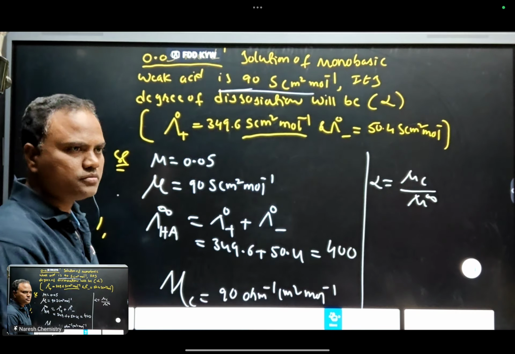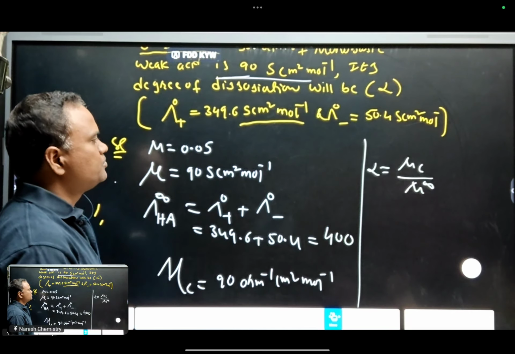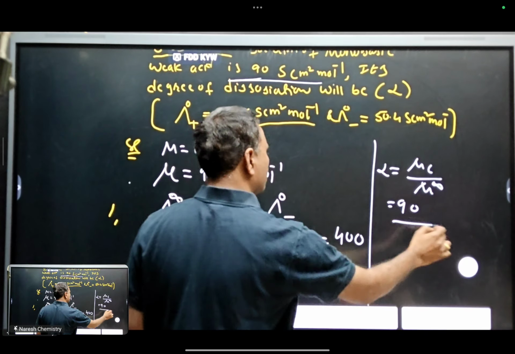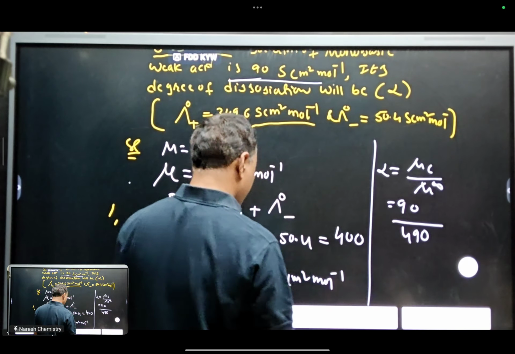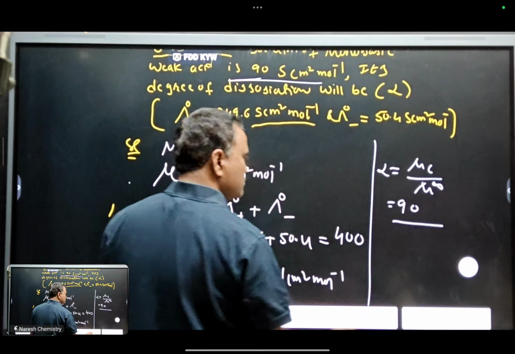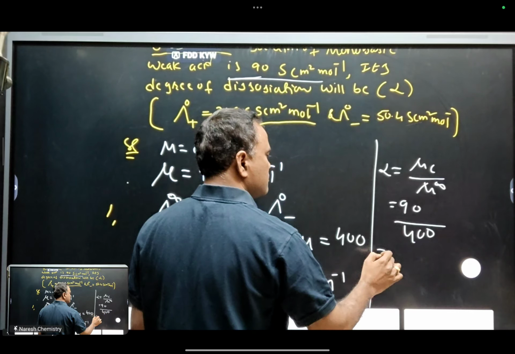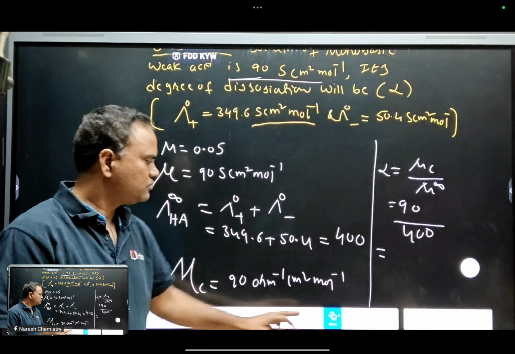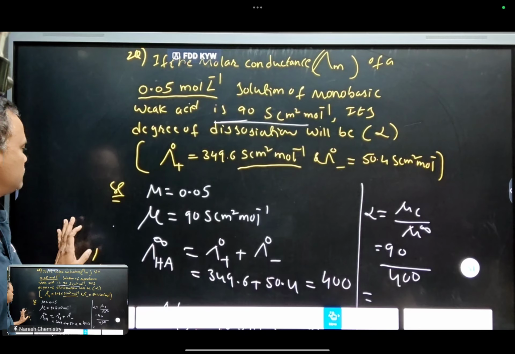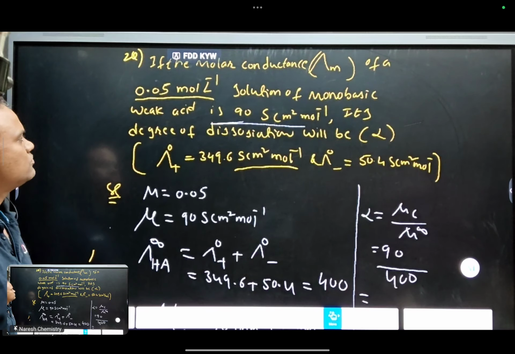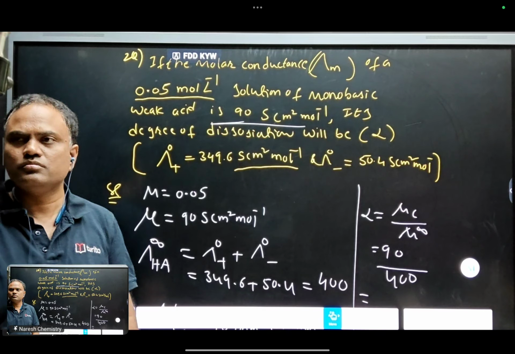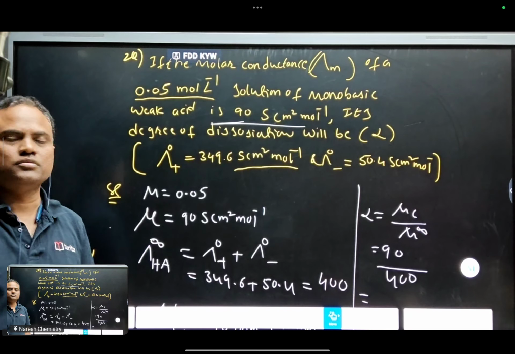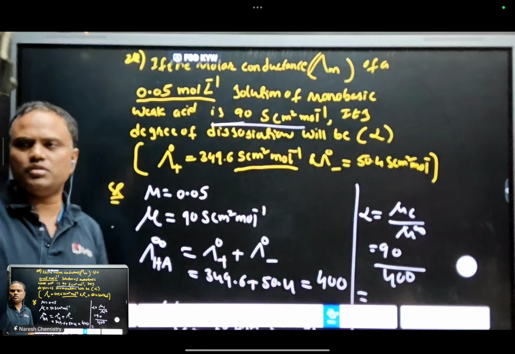90 divided by 400. Simplify. Lambda m is also molar.